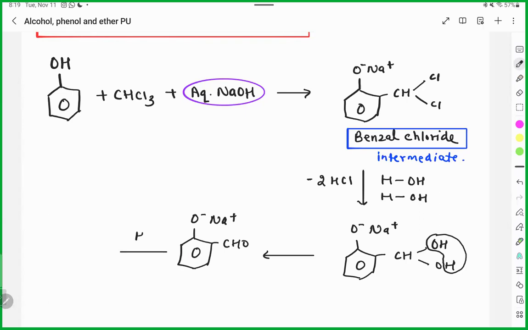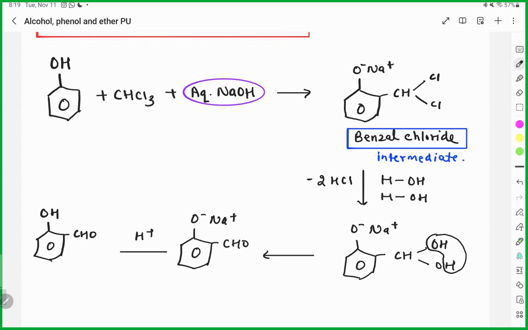If you add H positive ion here, what will happen? Sir, what is the third compound called? Sodium phenaldehyde. Third one, which one? After the formation of intermediate, salicylaldehyde. Aldehyde, na?